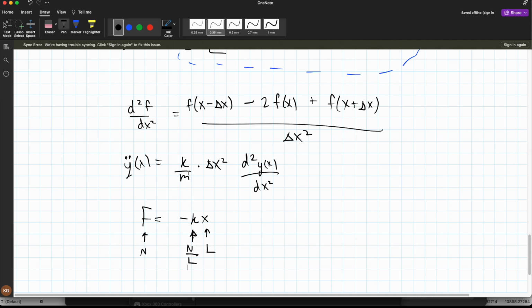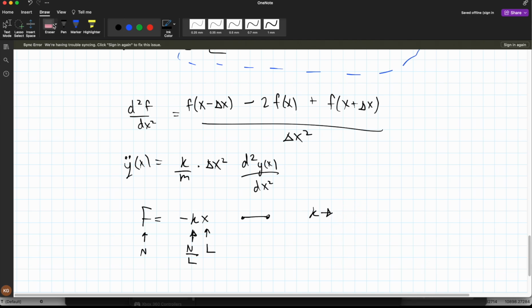And so when the length between two springs gets really small, that k also gets really small. So we can say k goes to delta k over delta x, or we can just call it k over delta x. Some k, where's my eraser? That was not the eraser. Why is the eraser not happy?